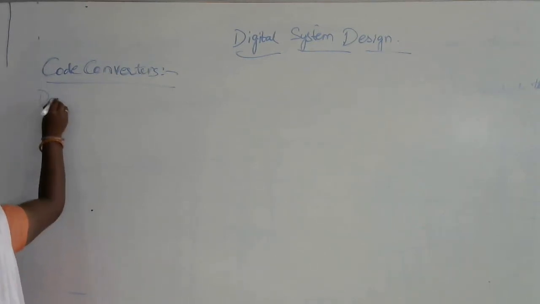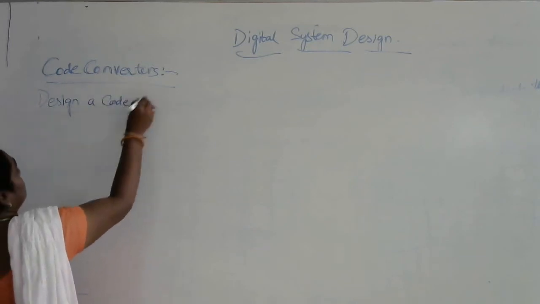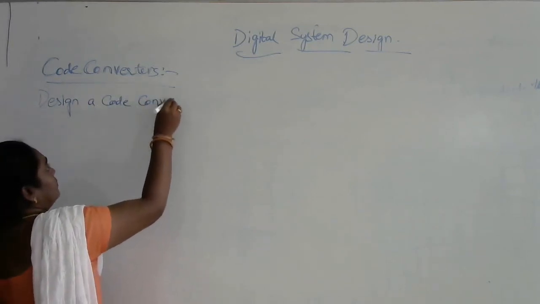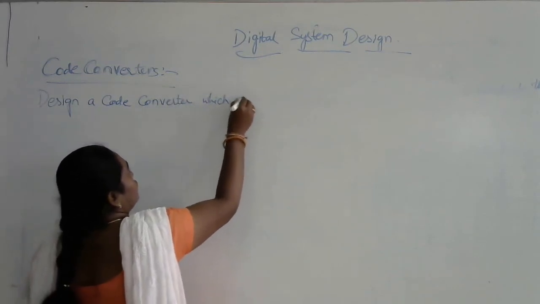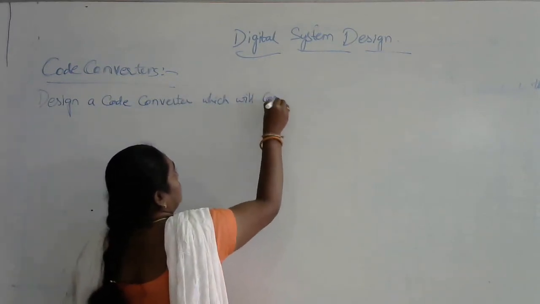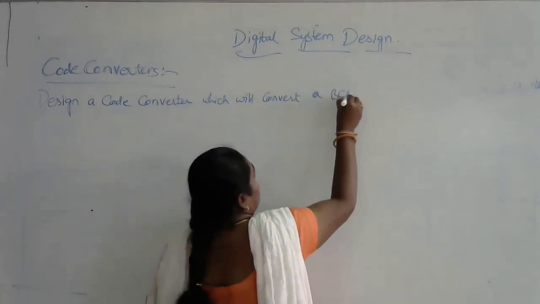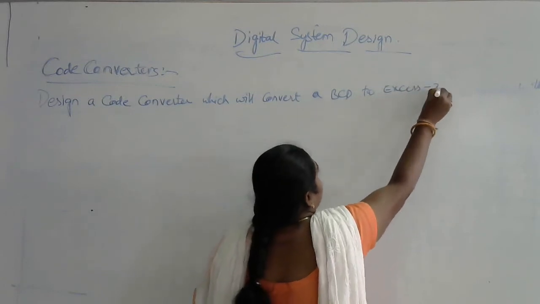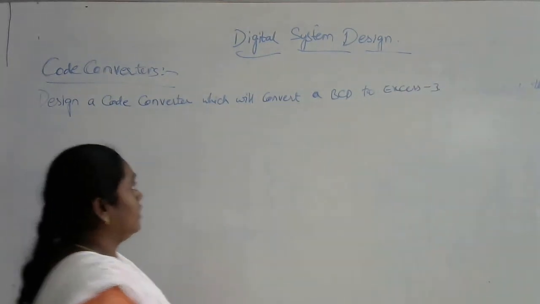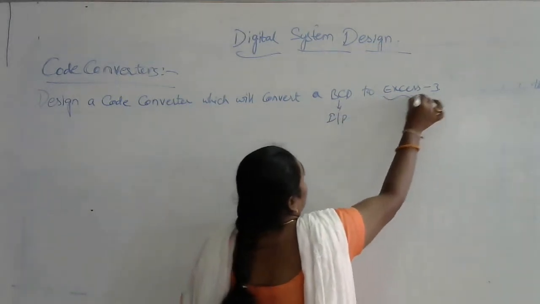Design a code converter which will convert a BCD to XS3. So from the problem statement we can say that the input is a BCD code and the output is an XS3 code.